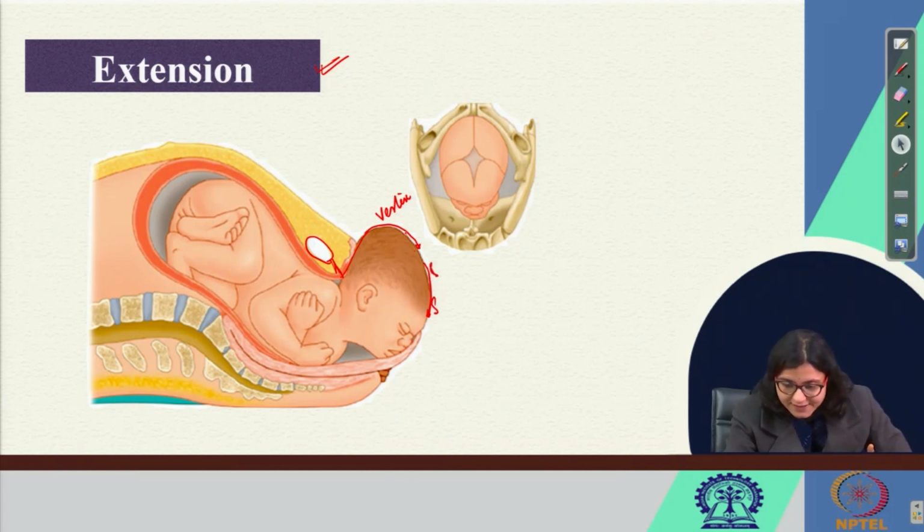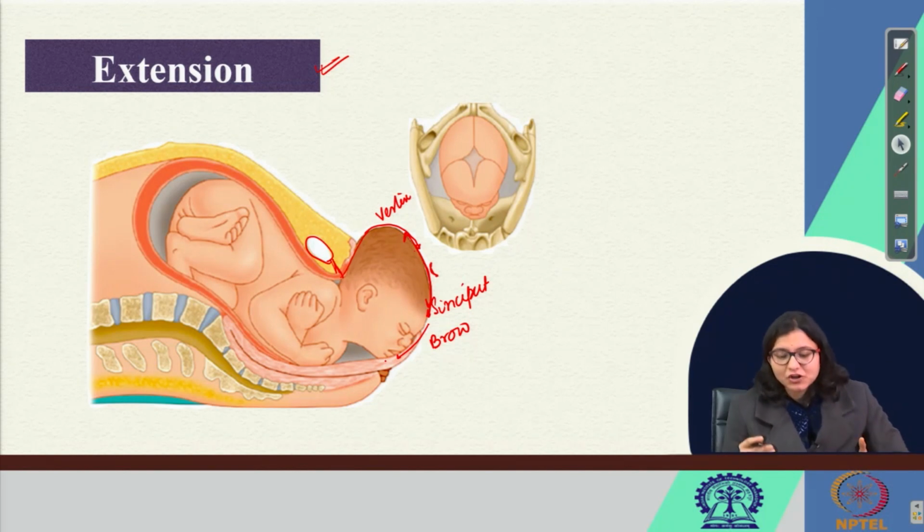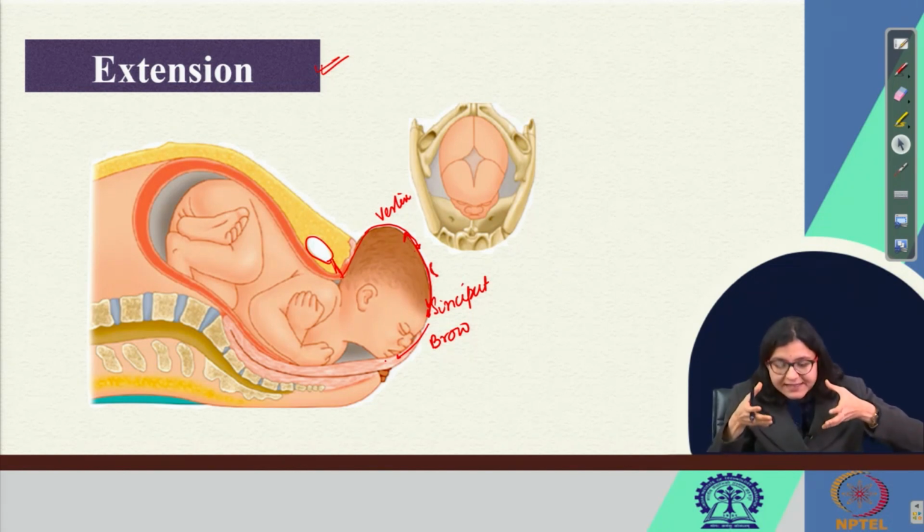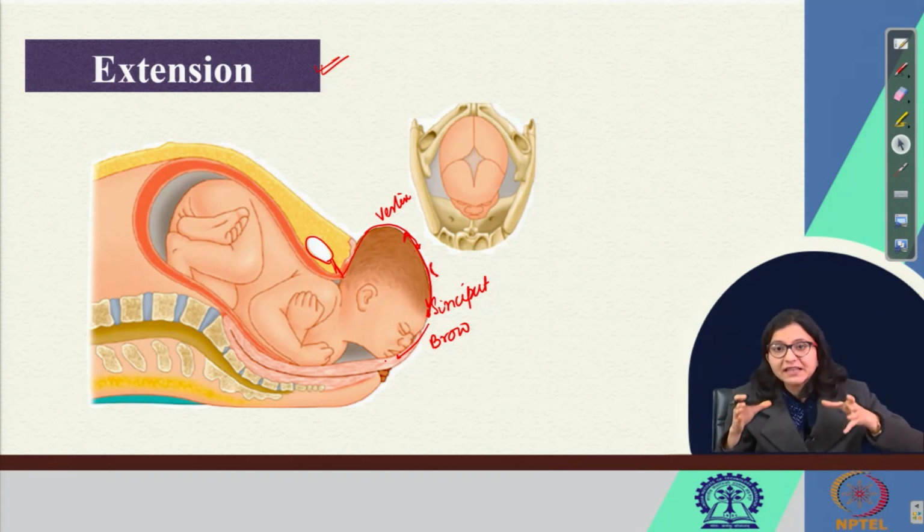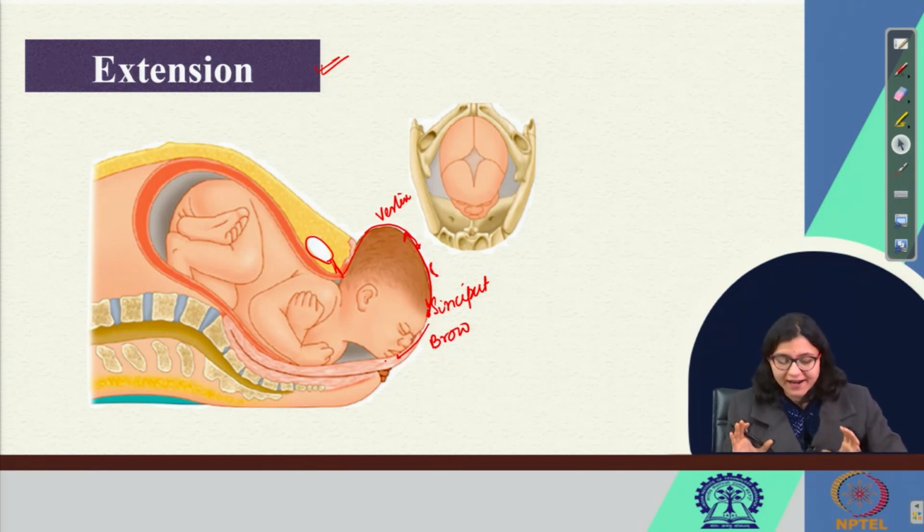Say this is the vertex, this portion is the sinciput, this is the brow, this is the chin. So, slowly the vertex, sinciput, brow and chin are delivered by the process of extension. This is the delivery of the head.